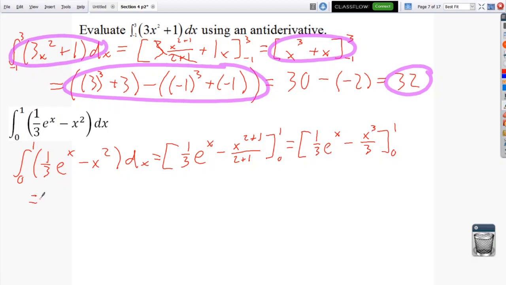So what I mean is in this next step, we've got 1/3 e to the, my upper limit was 1. So 1/3 e to the first minus 1 to the cube divided by 3 minus 1/3 e to the lower limit 0 minus 0 to the cube over 3.